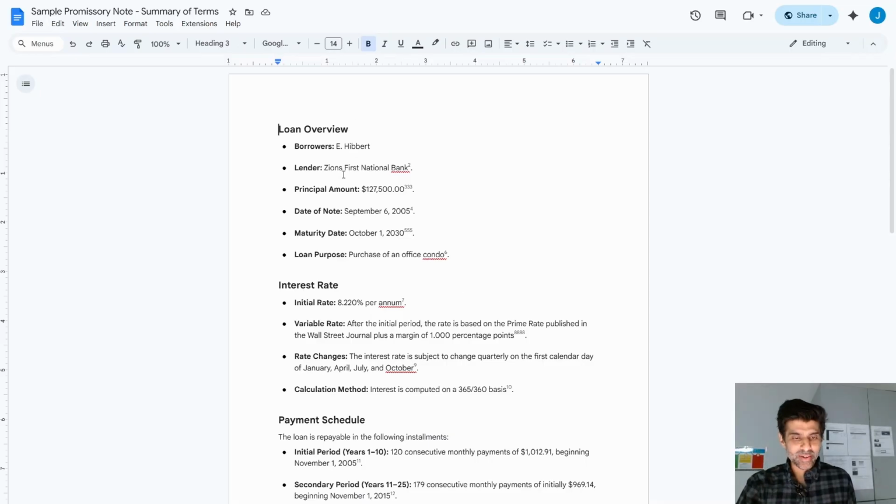So for the borrower, I just changed his name. The lender was Zion's First National Bank. They're the ones that initially gave him the loan. I bought the loan from Zion. I think he was in default. He had stopped paying, and they just didn't want to deal with it, so they were selling it. I of course did not pay the outstanding balance. I bought it at a discount.